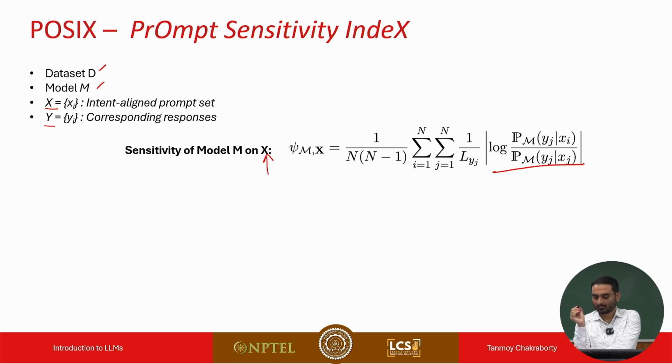What is this? The probability of the model generating a specific response Yj given Xi and generating the same response Yj given Xj.